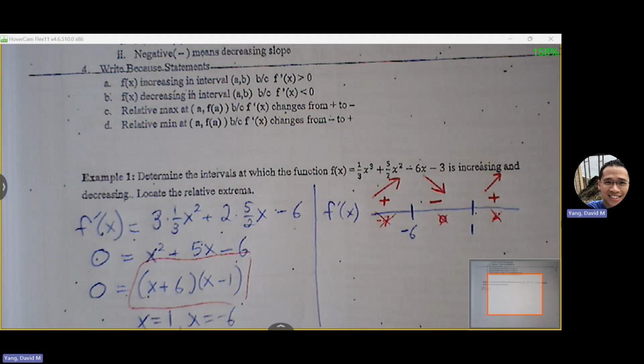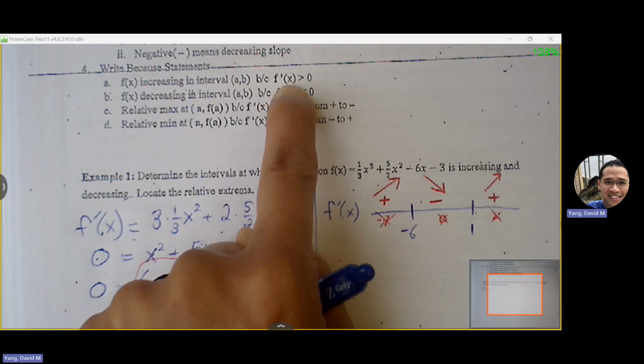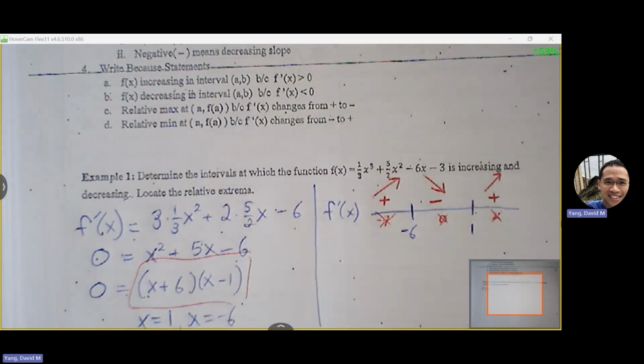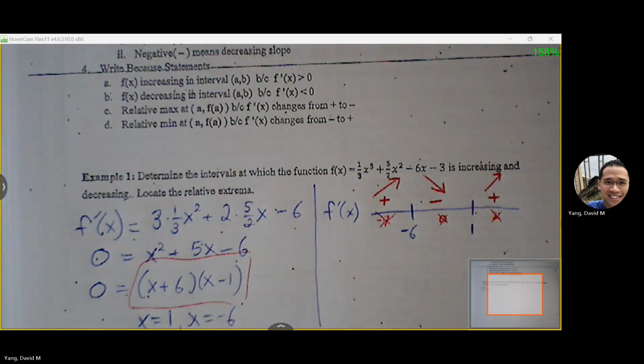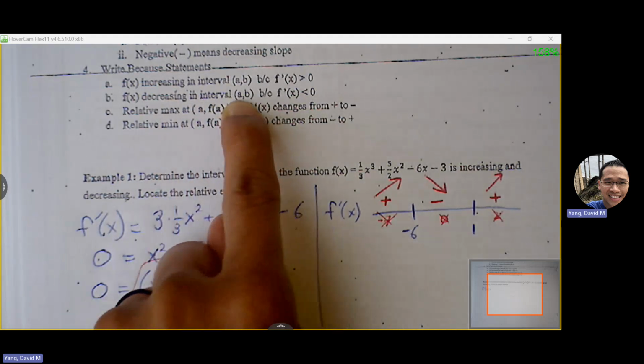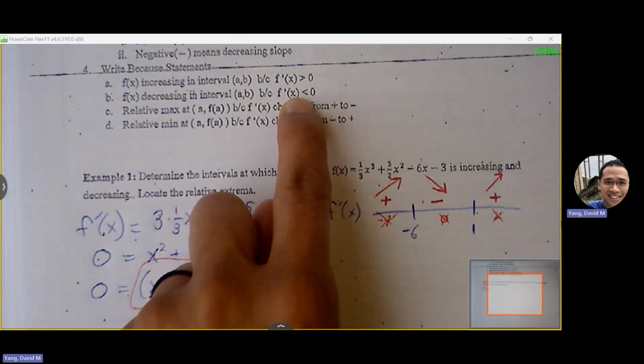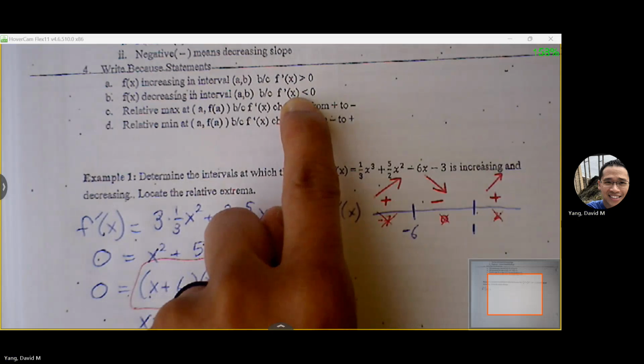They don't like those words. So make sure we specify what's happening, right? That f prime is greater than 0. Likewise, we can say f of x is decreasing on the interval from -6 to 1 because f prime of x is less than 0.